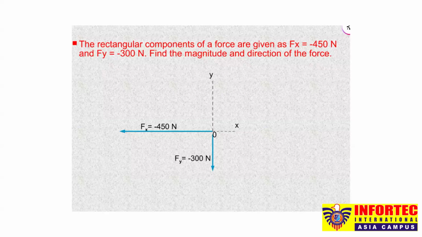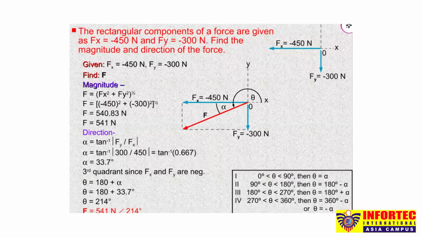These are perpendicular to each other. Then we have to find the resultant vector, the resultant force. The rectangular components of force are given: Fx as minus 450 Newton and Fy as minus 300 Newton. Find the magnitude and direction of the force. Try to do this one, okay? Then we will see it here.